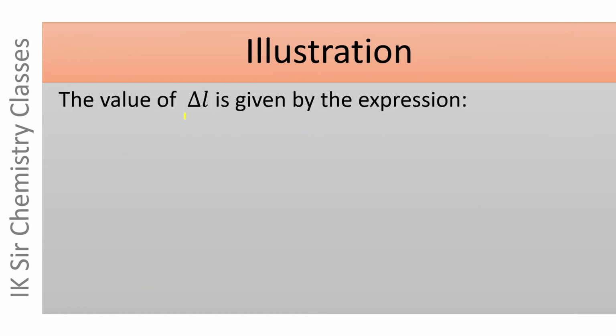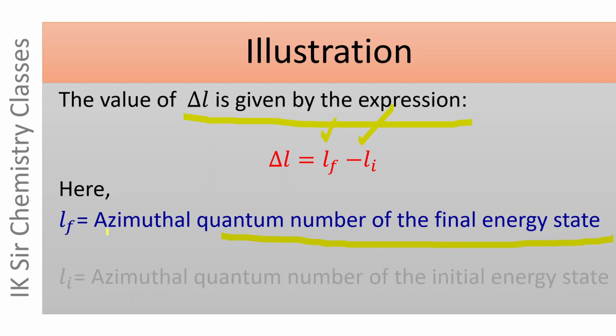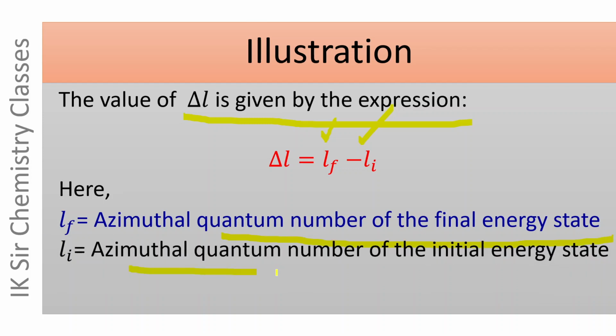The value of delta L is given by the expression delta L equals Lf minus Li. Lf is the azimuthal quantum number of the final energy state and Li is the azimuthal quantum number of the initial energy state.